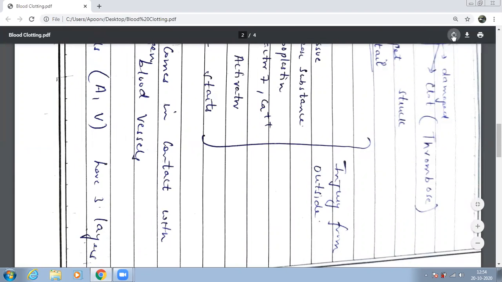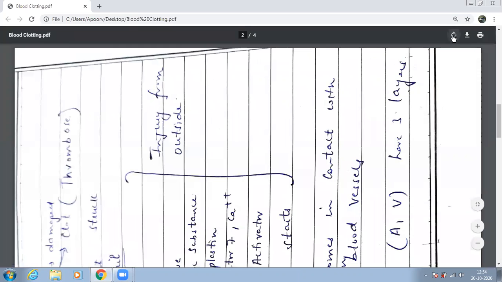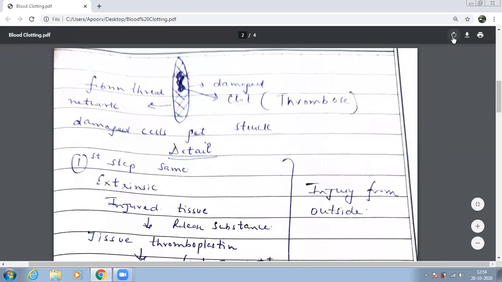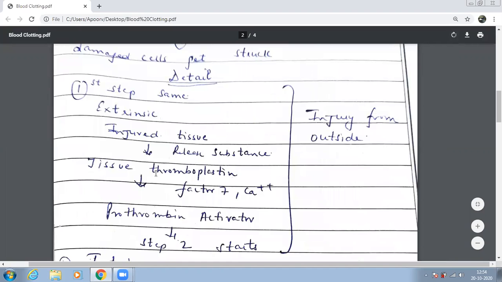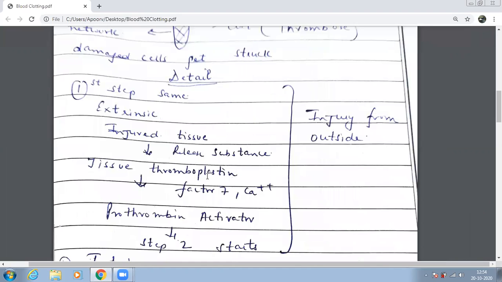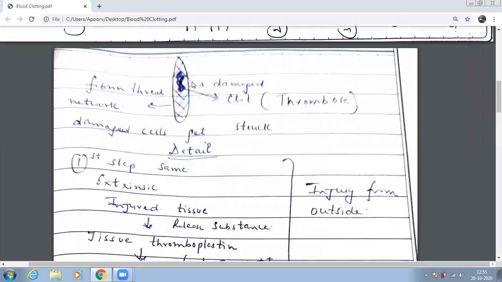When I talk about the extrinsic pathway, the injury is from outside. So the injured tissue will release a substance called tissue thromboplastin. In the presence of factor 4 and factor 7, prothrombin activator is produced. Then prothrombin activator will convert prothrombin to thrombin, and thrombin will convert fibrinogen into fibrin fibers. You'll get these kinds of fibers, and then a clot will be formed.